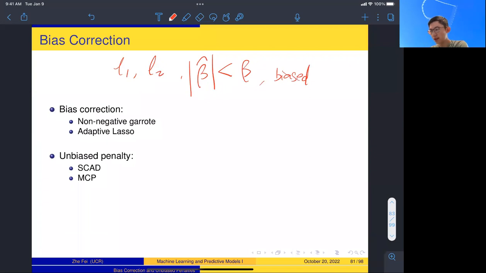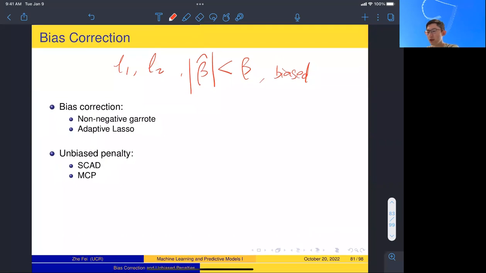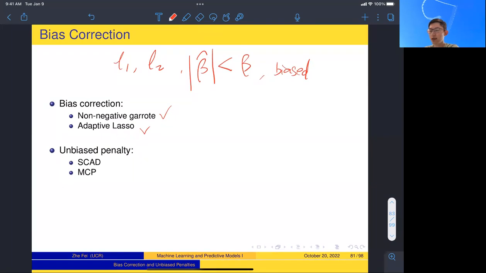And this biased estimate is not desired in practice. So people try to come up with ideas to do this so-called bias correction, and there are several methods. Non-negative garrote is a modification to the estimation procedure. Adaptive lasso is like you try to fit lasso twice, giving weights to your lasso penalty, to get unbiased estimates.